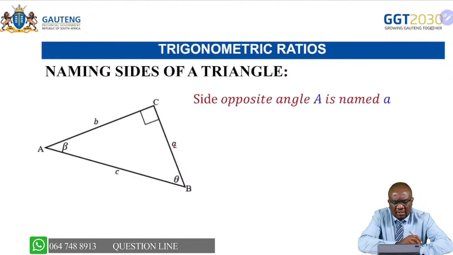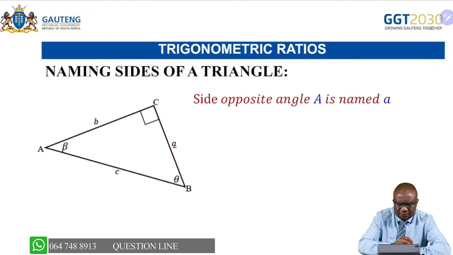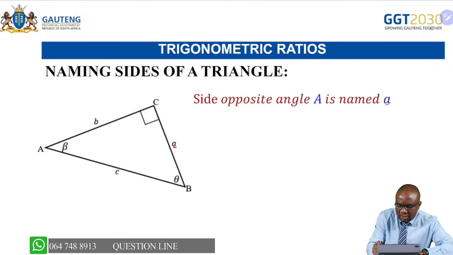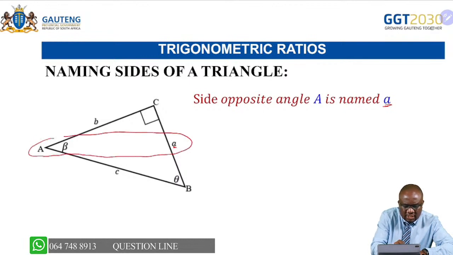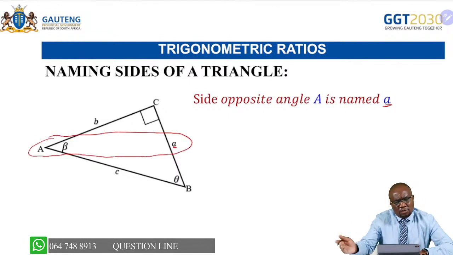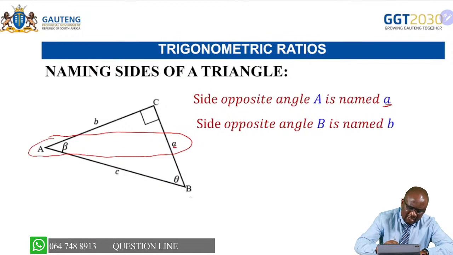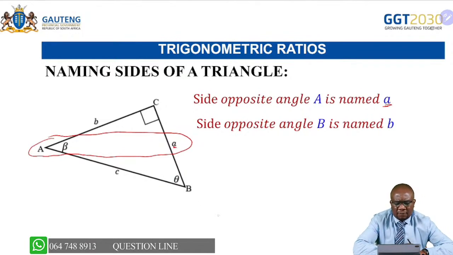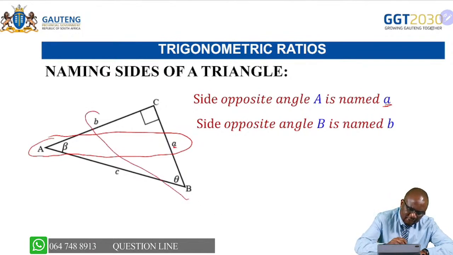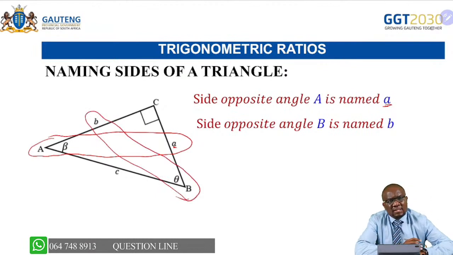So how do we name the sides of a triangle? The side opposite angle A is named with the small letter a. You see that? And the side opposite angle B, please don't write this, I'm just reminding you, is named with small letter b.